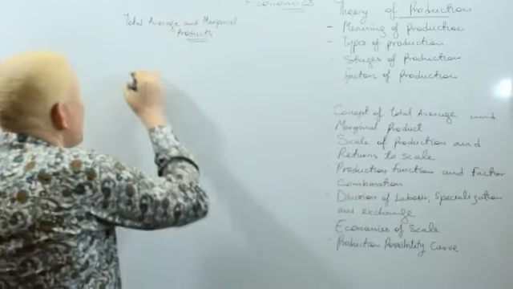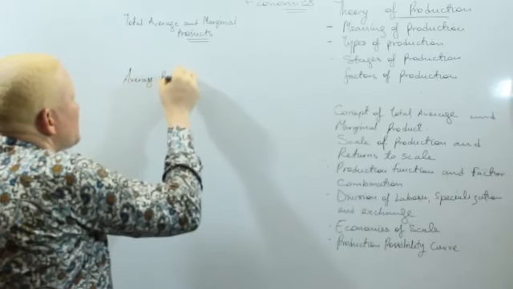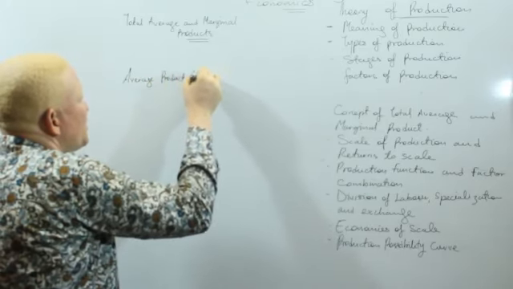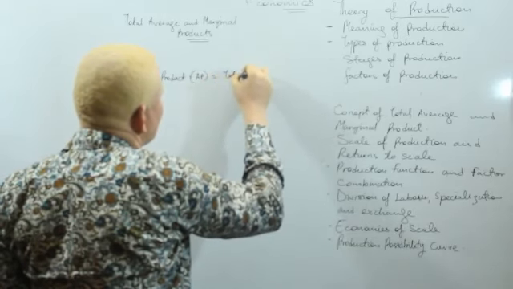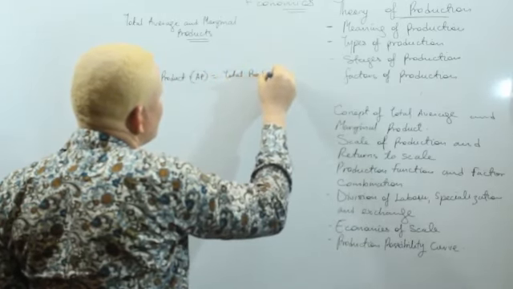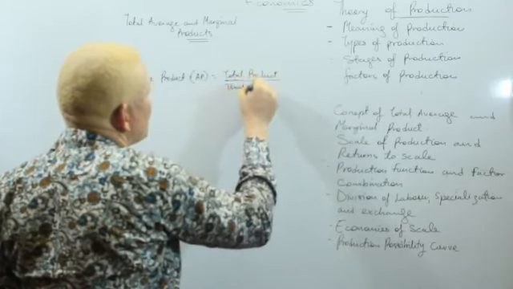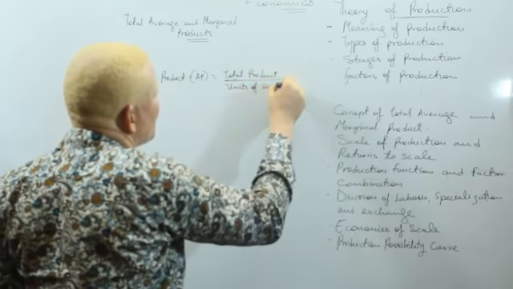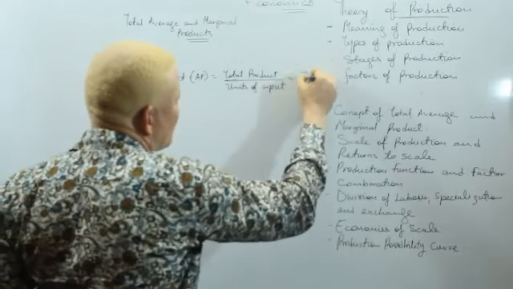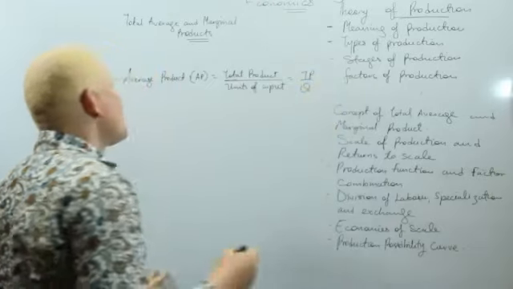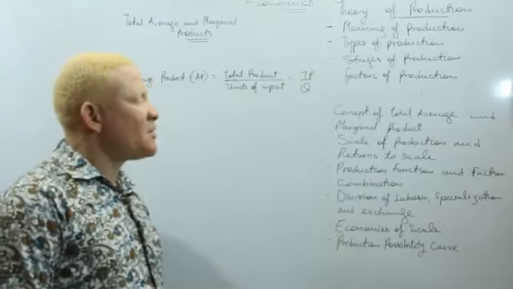And average product, AP, is equal to total product by units of input. So in other words, TP over Q equals average product.